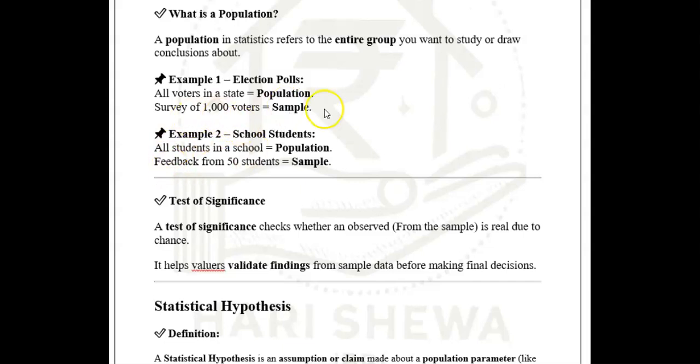All voters in the state are the population, and a survey of 1,000 voters is what you select; that is called a sample. Selecting 1,000 to 10,000 is called a sample. Example 2: school students. All students in a school are called the population. Feedback from 50 students is called a sample.